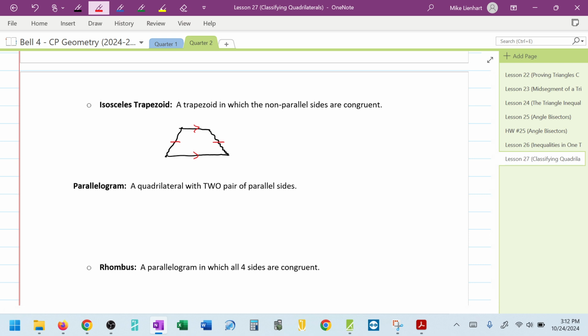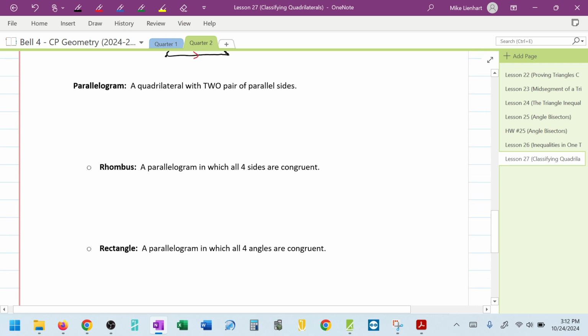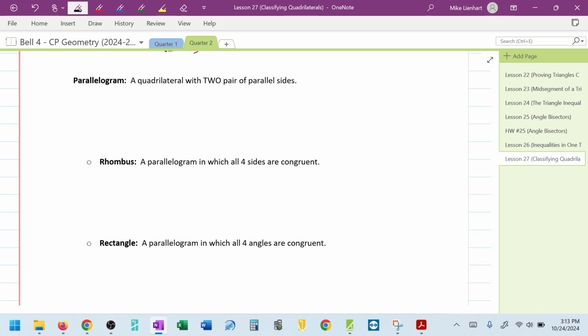Okay, so we went from quadrilateral with no parallel sides, trapezoid with one pair of parallel sides. What if it has two pair of parallel sides? They call that a parallelogram. A parallelogram, generally speaking, looks something like this when we see it.